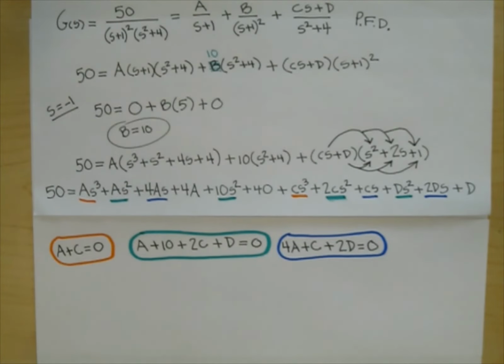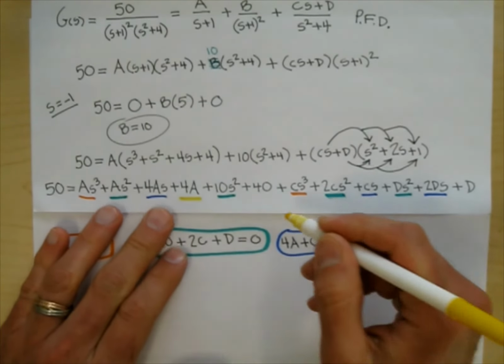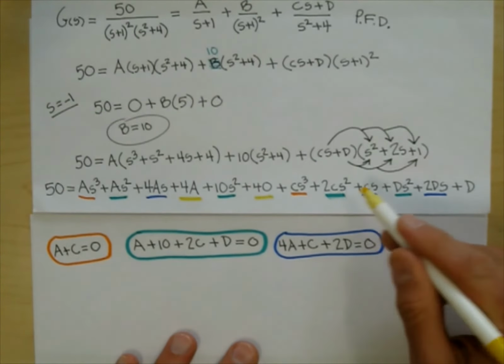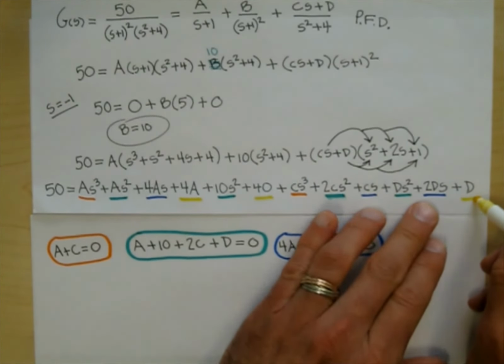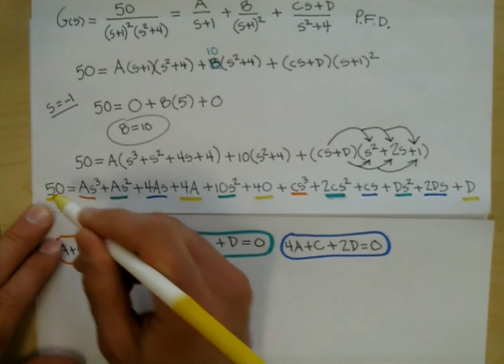Okay, let's go ahead and look at our terms in this equation that are just constants. And so I just picked up orange again. I don't want to use orange, so I'll use yellow. I have a 4a and a 40. See, those do not have s's in them. And this d over here. And on the left-hand side, I have the 50, so that's going to be included.